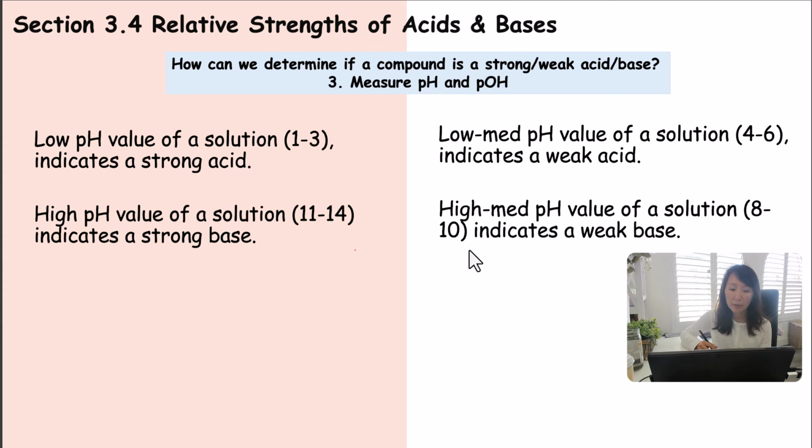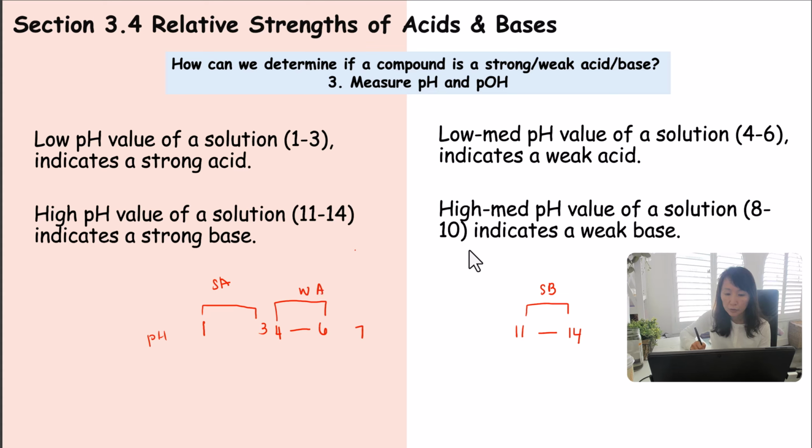So for example, if I were to have a scale of 1 to 14 here, okay? 1 to 3 for pH, this would be my strong acid. Whereas 11 through 14 will indicate a strong base. Anywhere between 4 to 6, this would indicate weak acid.